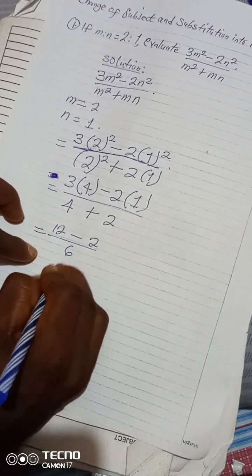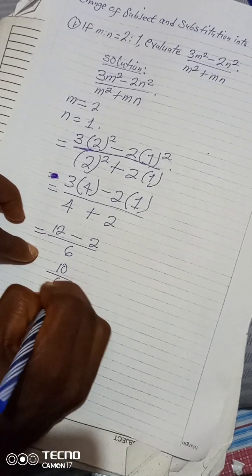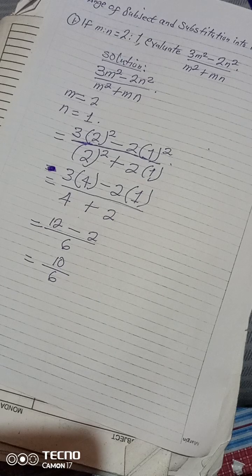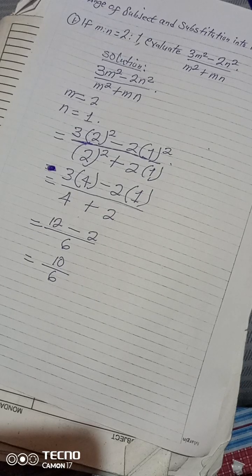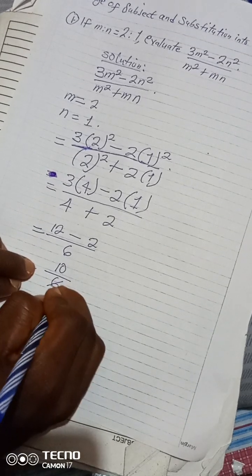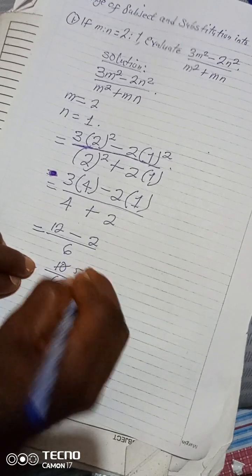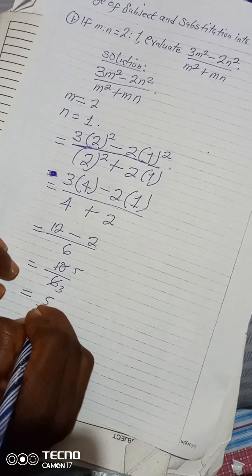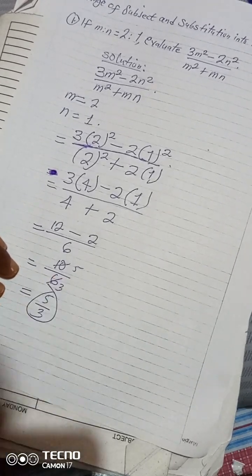We're left with 10. Divided by 6. So if you divide 10 by 6, it cannot go. So we just reduce it by saying 2 here, 3 times, 2 here, 5 times. So now the answer becomes 5 over 3.